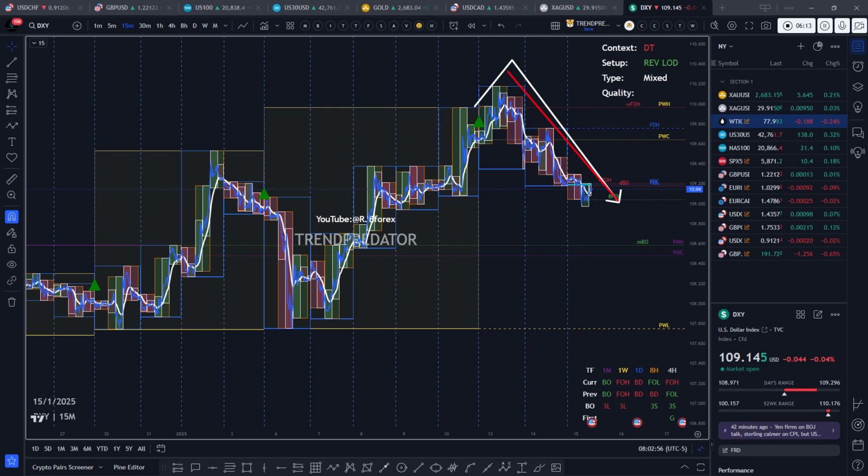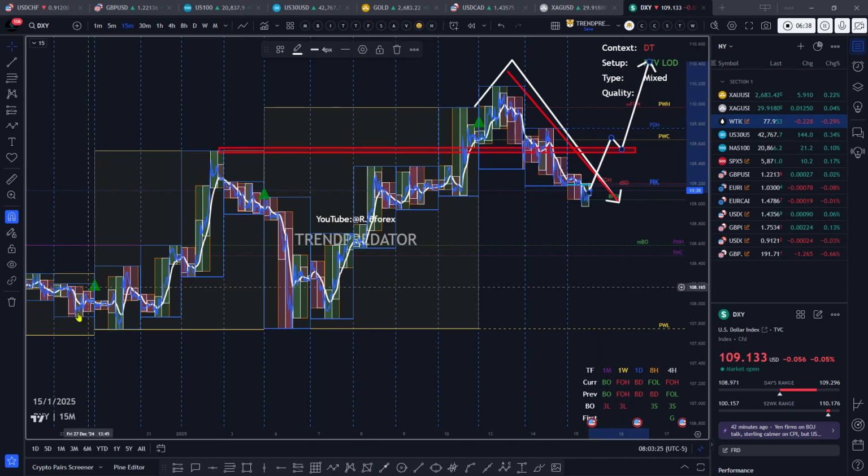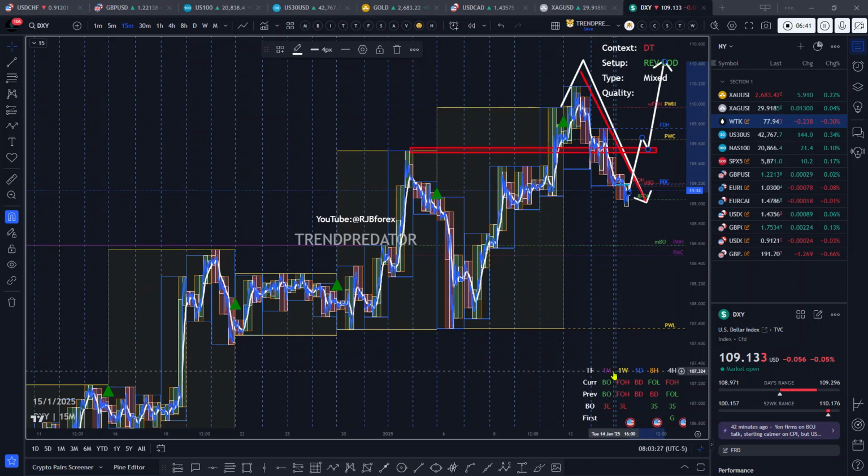So unless we get above this level here, essentially, it's still in a bear trend, but a break above that level or area could result in a continuation to the upside, in line with the dominant trend on the monthly chart, which is breaking out.